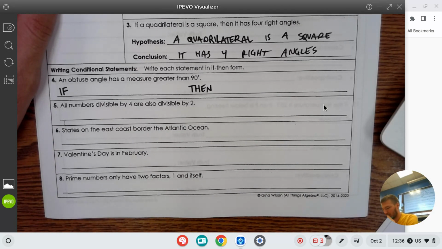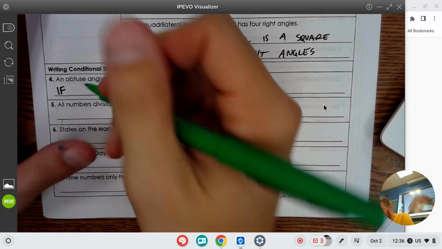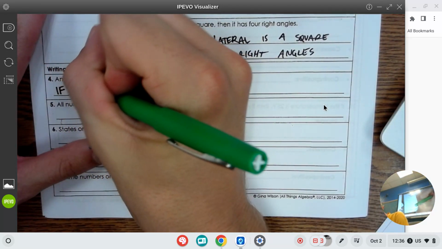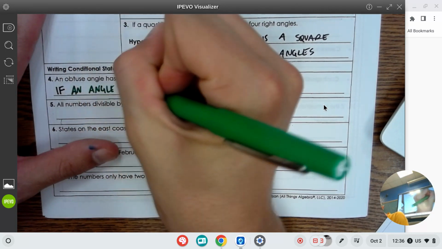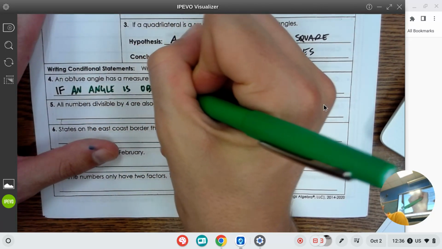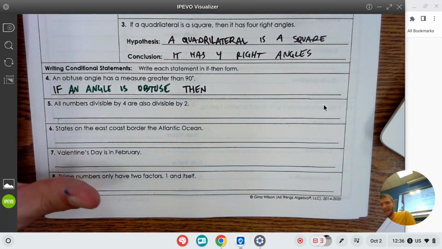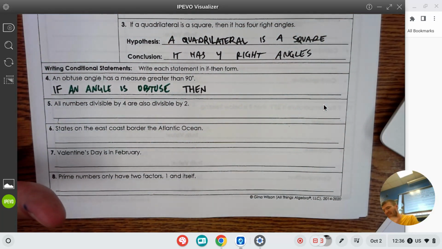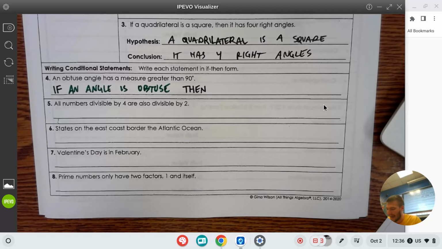If an angle is obtuse, then it has a measure greater than 90. Love it. If an angle is obtuse, so that's our starting statement. That is our cause. Then what's going to happen?